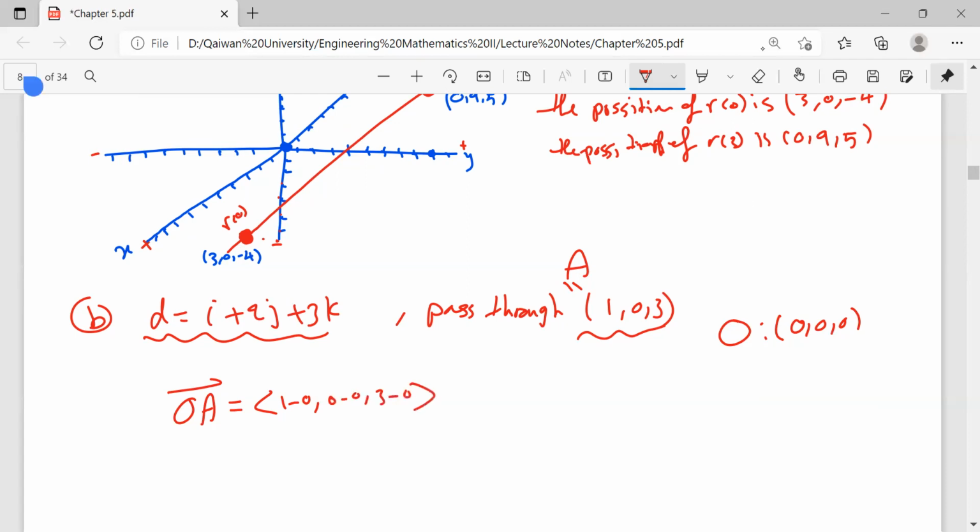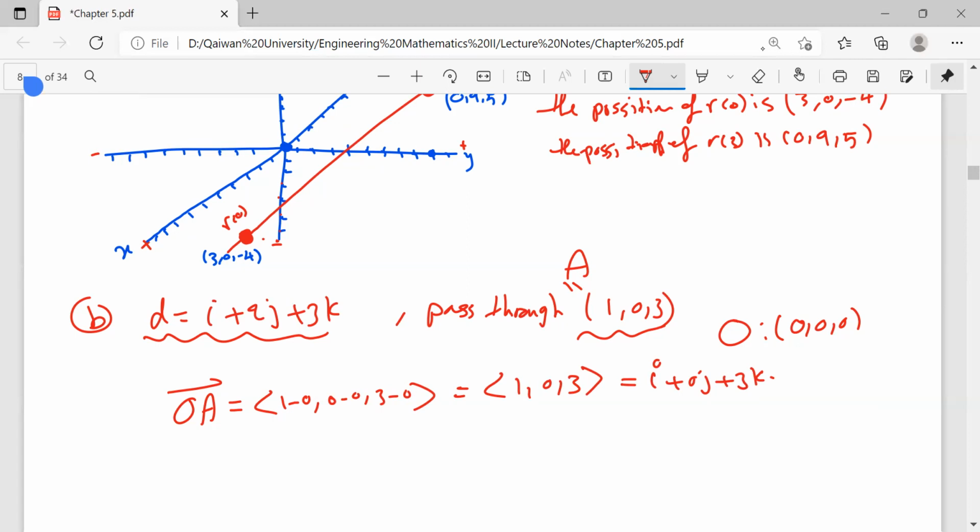We subtract the components of the origin from the components of point A. This equals 1, 0, and 3. You could write it as i plus 0j plus 3k. This is the vector OA.